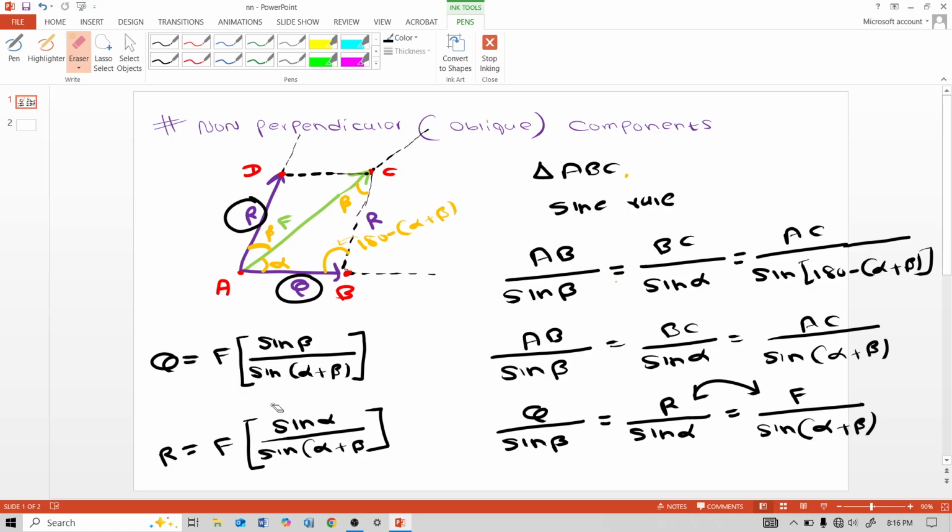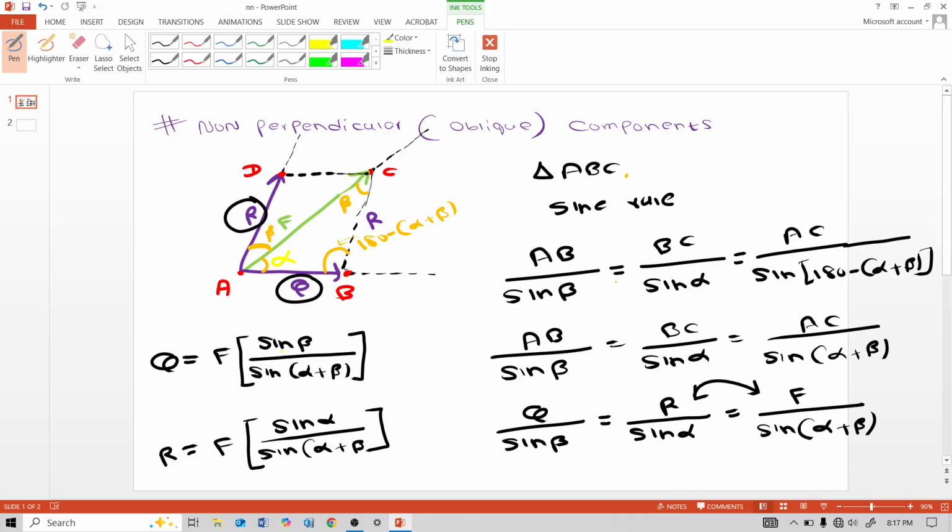To calculate oblique components of any force, you need both angles, alpha and beta. In perpendicular components we saw that only one angle is sufficient, but in oblique components we need both angles that the components form with the force. So this is all about non-perpendicular or oblique components.